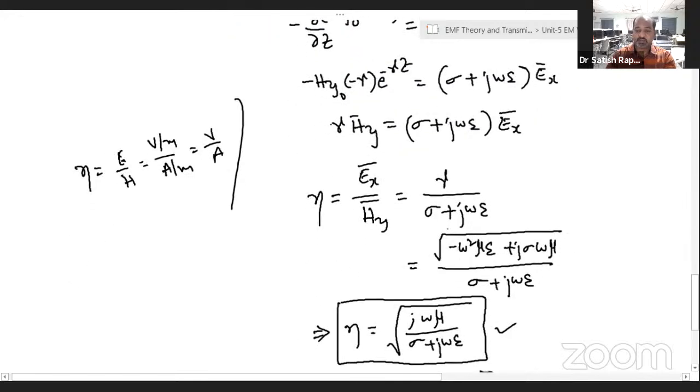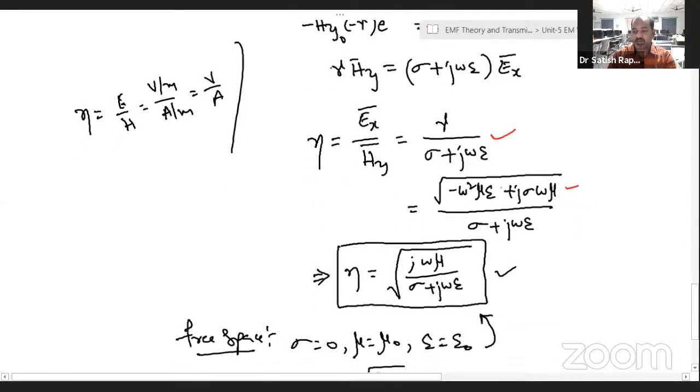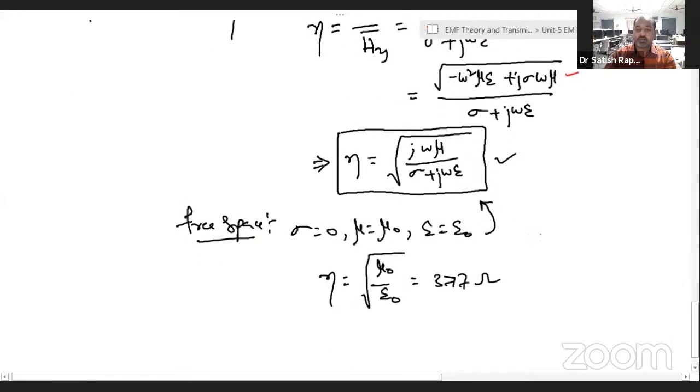Further simplification, we'll get eta is equal to this one, right? And gamma is this; substituting gamma here and simplifying, you will get eta is equal to root over j omega mu by sigma plus j omega epsilon. So this is the general expression for intrinsic impedance, right?